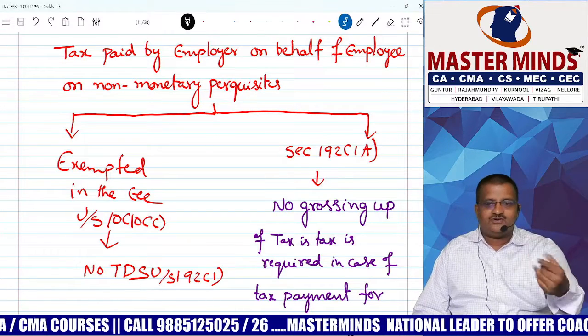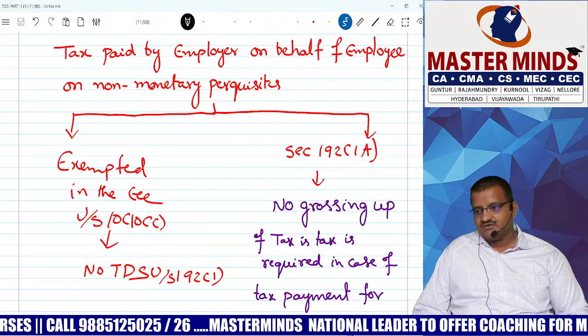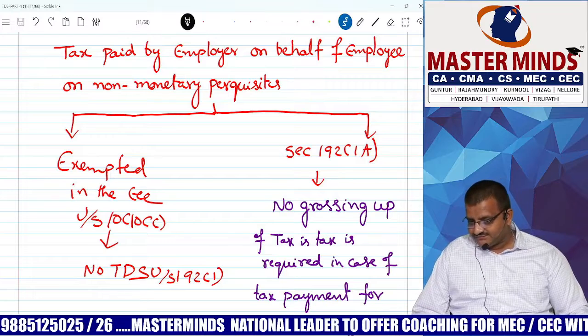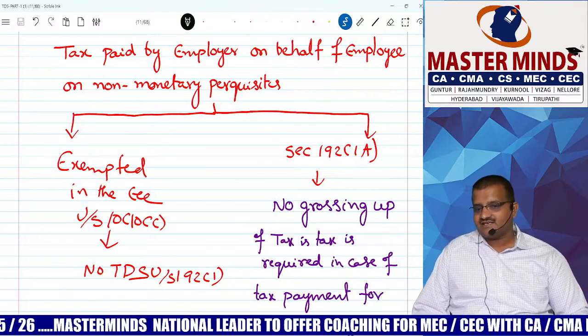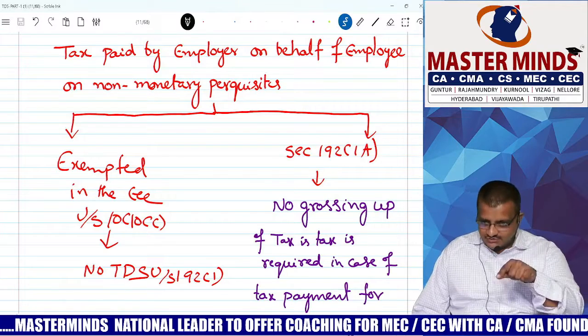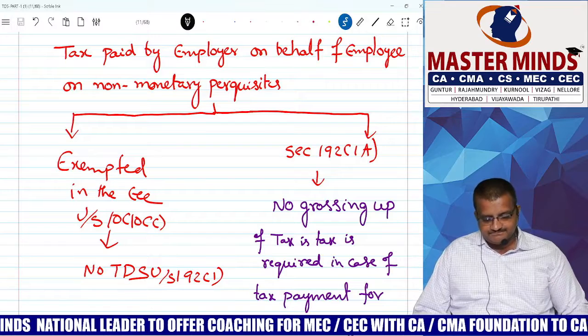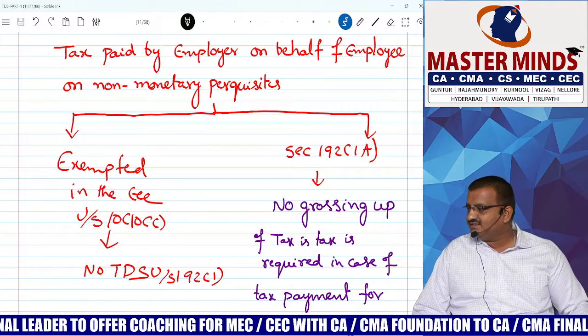Tip amount 3 lakh. Yes or no? Why? Not a salary. No employer and employee relation. Then is it covered under any other section? Other sources, okay. Any other TDS section?